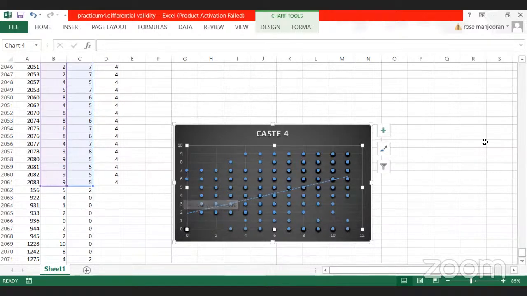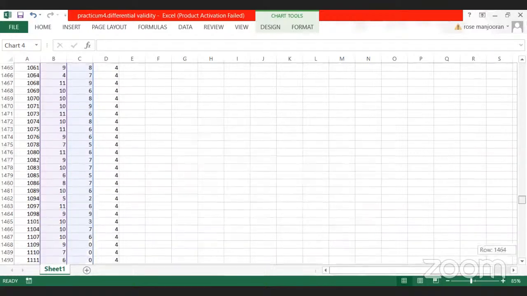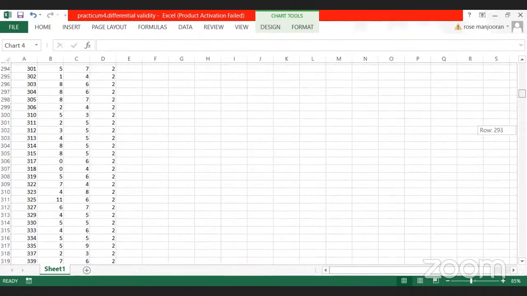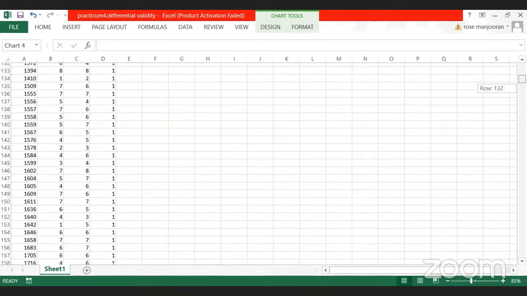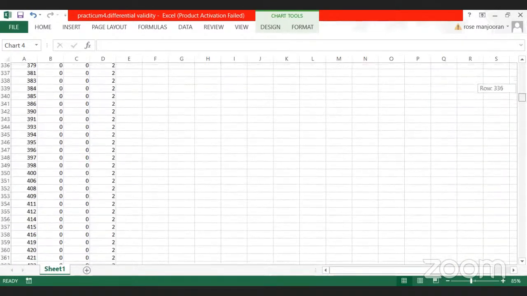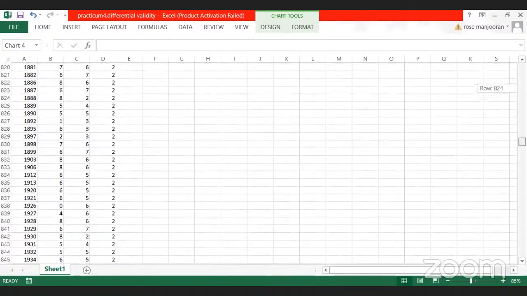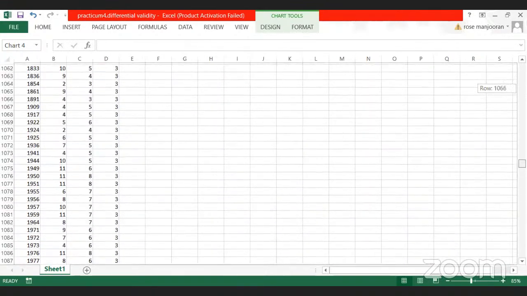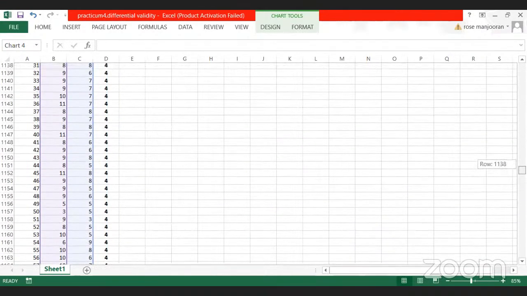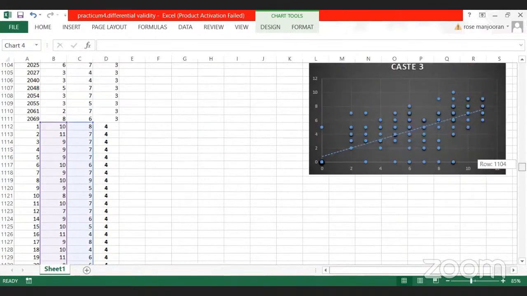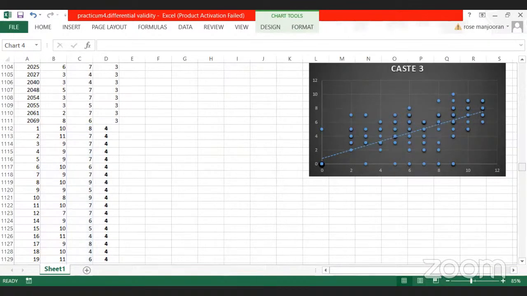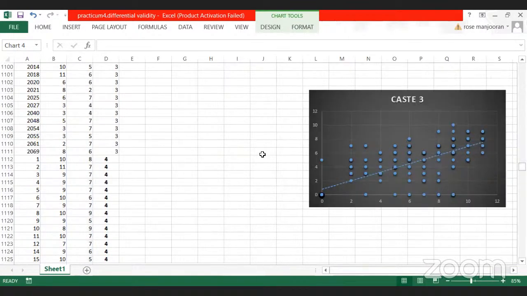Now you go to the cast 3. It again goes to the 4.